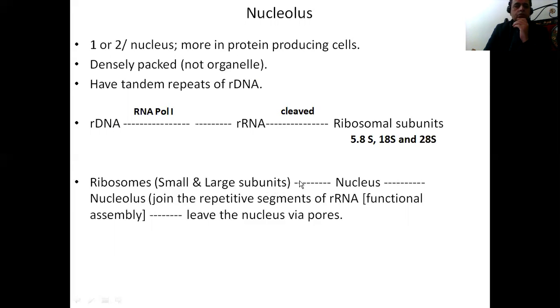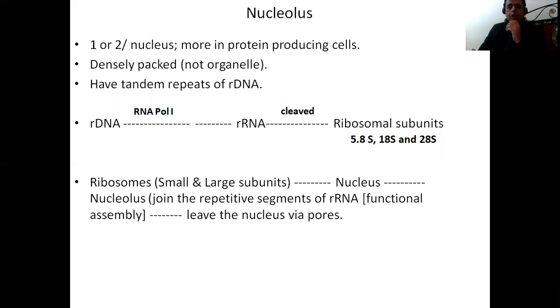The ribosomal proteins, of course, would be made inside the cytoplasm. They are transported into the nucleus, and inside the nucleolus, they join the repetitive segments of the ribosomal RNA, which is known as the functional assembly. So we call it a functional assembly of the ribosome, that these units join together along with this ribosomal RNA. So this is a functional assembly, and this assembly would then leave the nucleus through these nuclear pores.